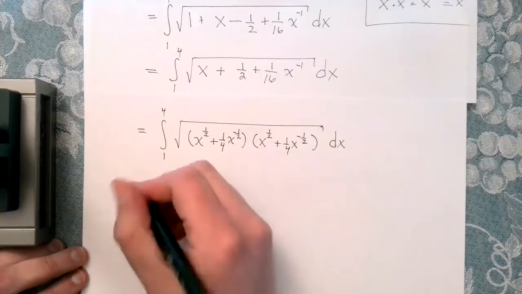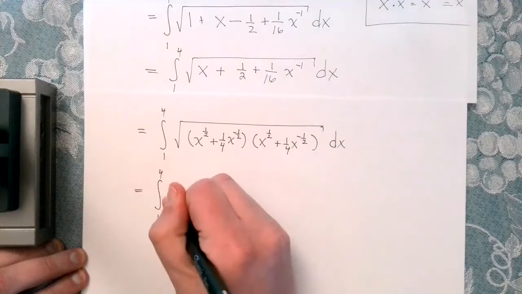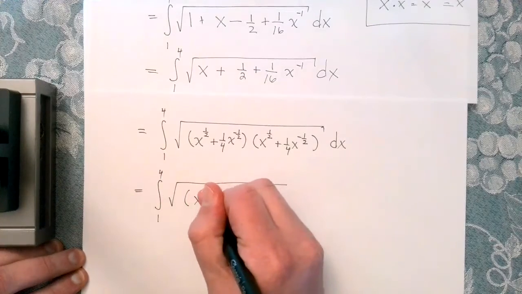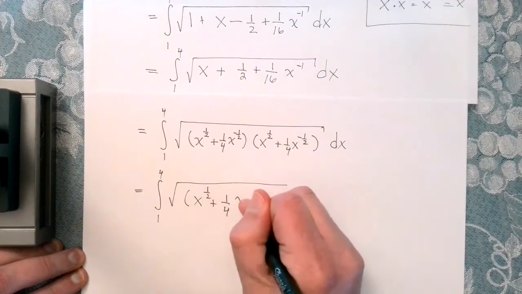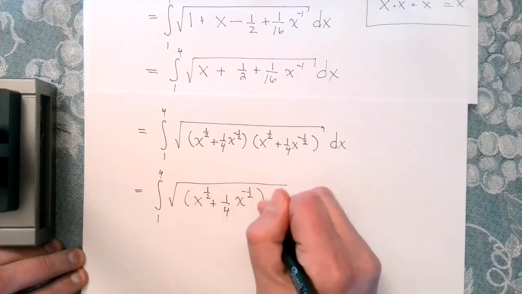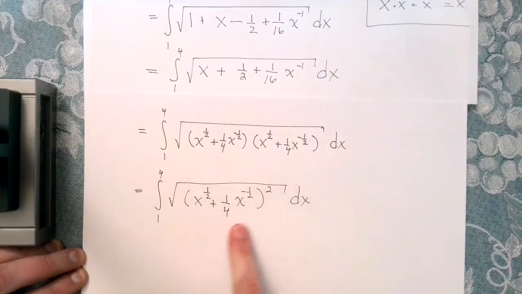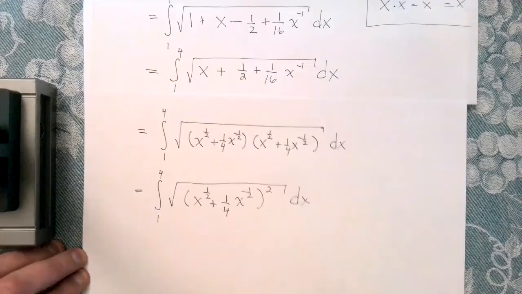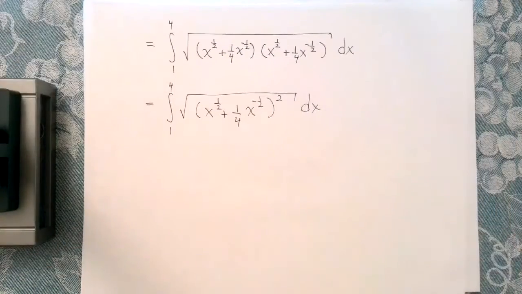Now you can see why this is so powerful, because it's going to allow me to rewrite this in the following way, and we'll be able to break free of the square root. And since x is positive on this interval, I'm not going to need an absolute value. So that's really nice.